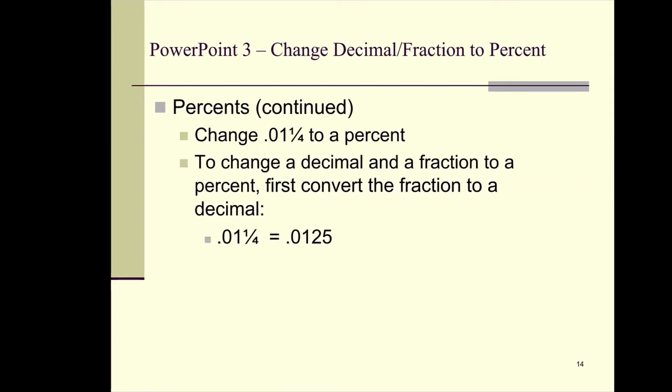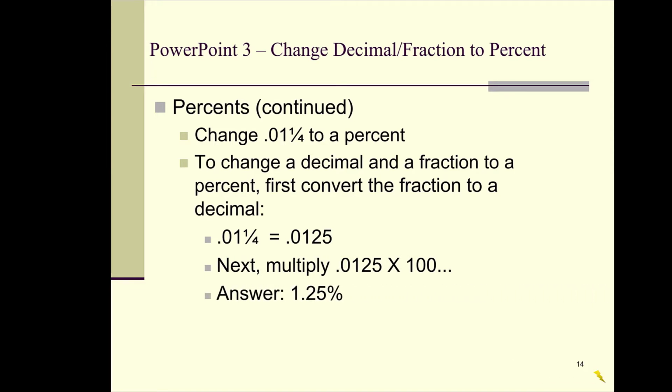So 0.01 and a quarter is the same as 0.0125. So we need to convert 0.0125 to a percent. The way we do that, multiply it by 100 and attach a percent sign, and you get an answer of 1.25%.